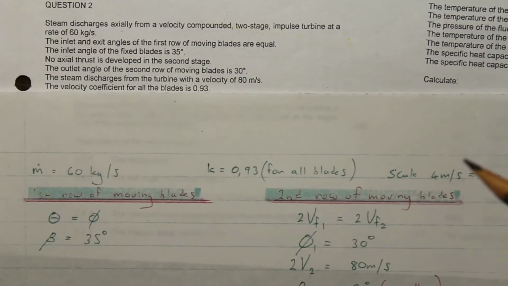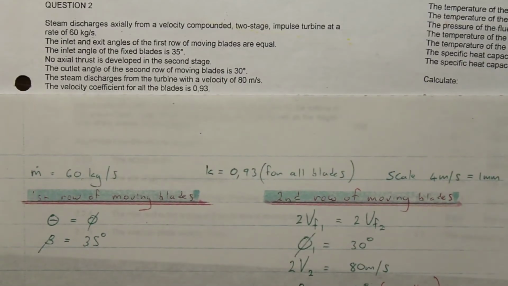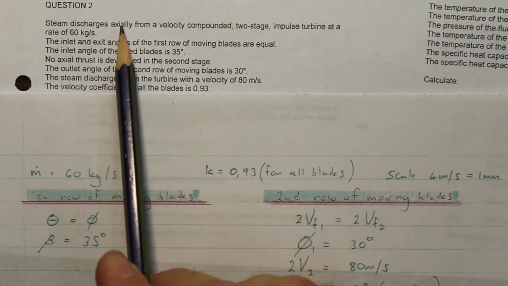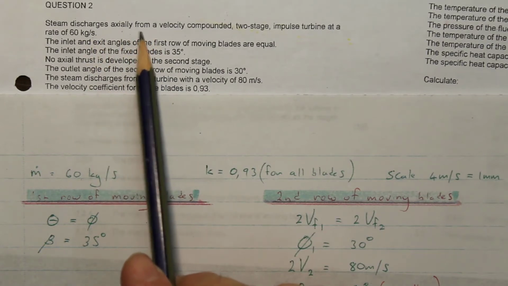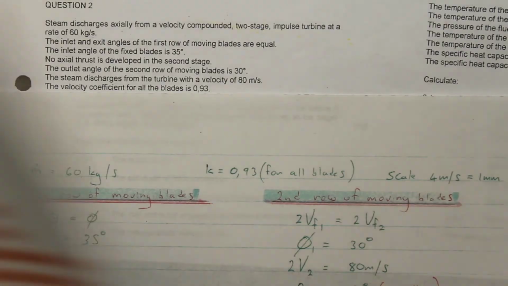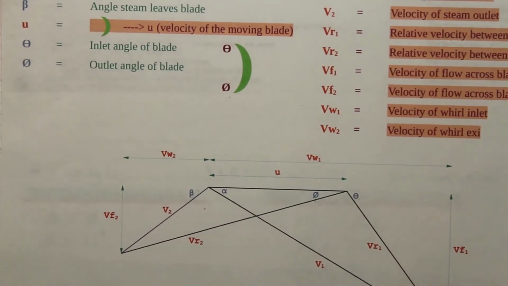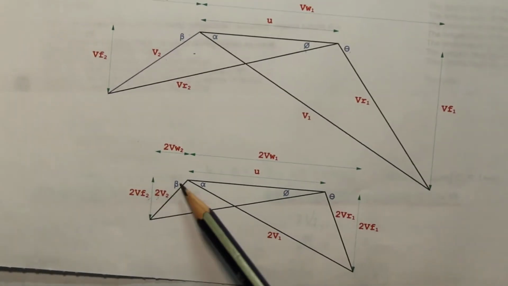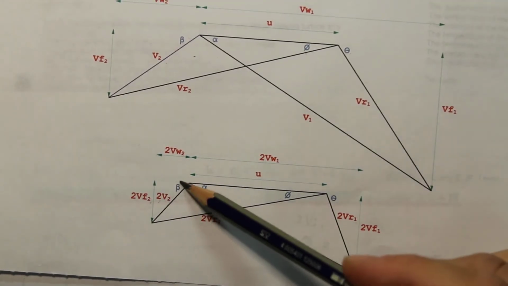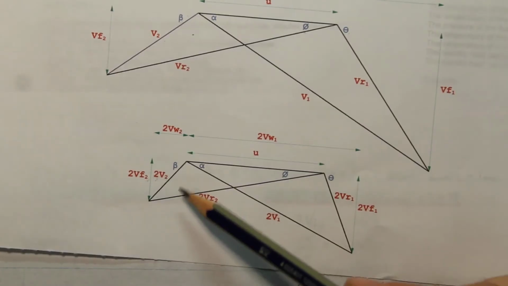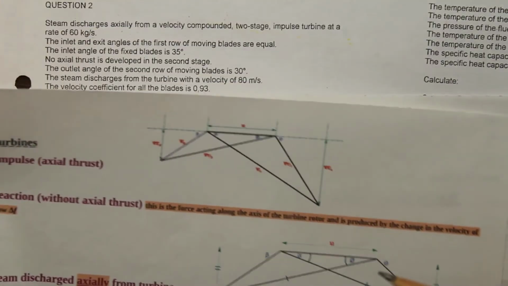And what else do they say? Then they say the coefficient. We've said that before. And oh yes, at the beginning of the question, it says that the steam discharges axially. That's very important. It means that the steam coming out of the second row of moving blades, this angle of beta here, is not going to be as it's drawn here, but it's going to look like over here.